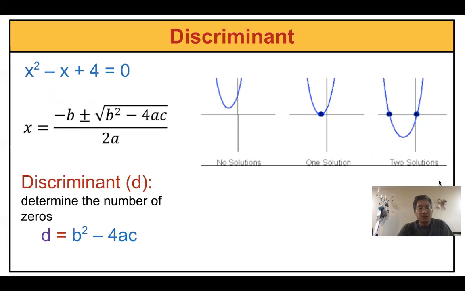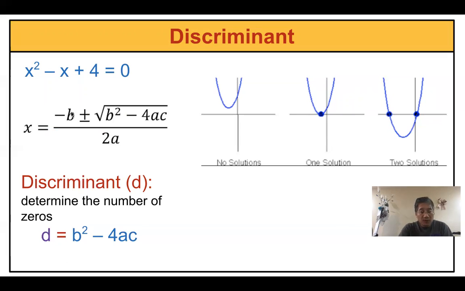If you know the discriminant, we can determine how many zeros are in this quadratic function. Before you get the exact solutions, you can approximately figure out how many solutions there are.